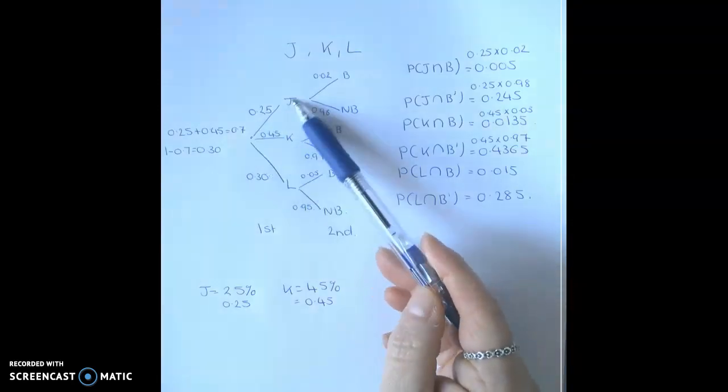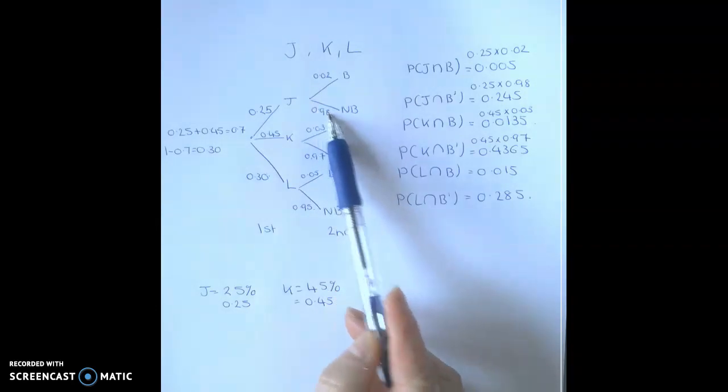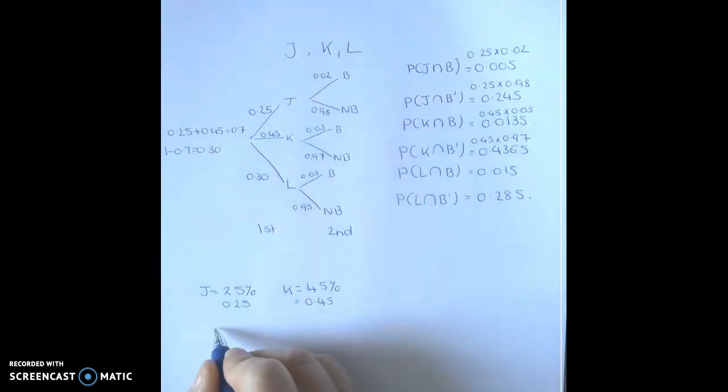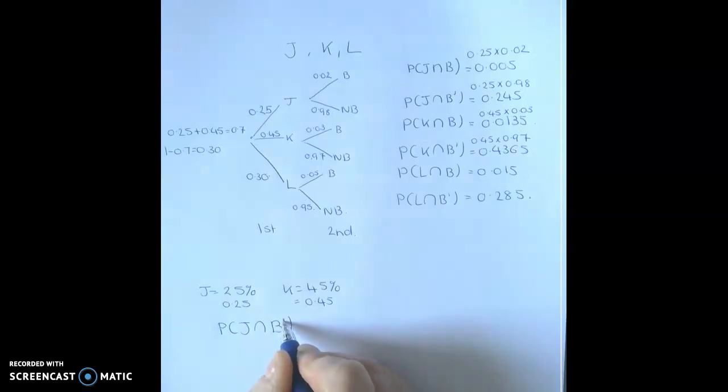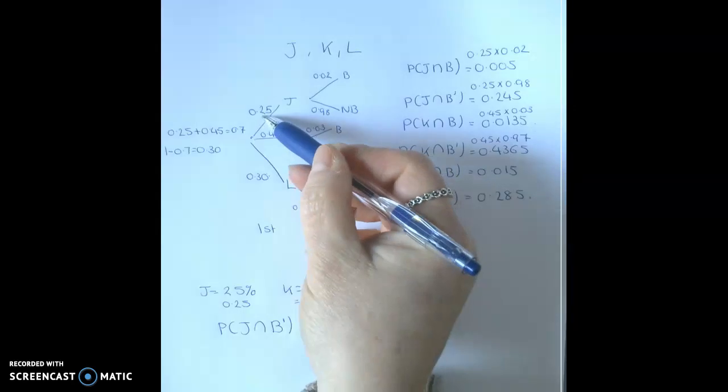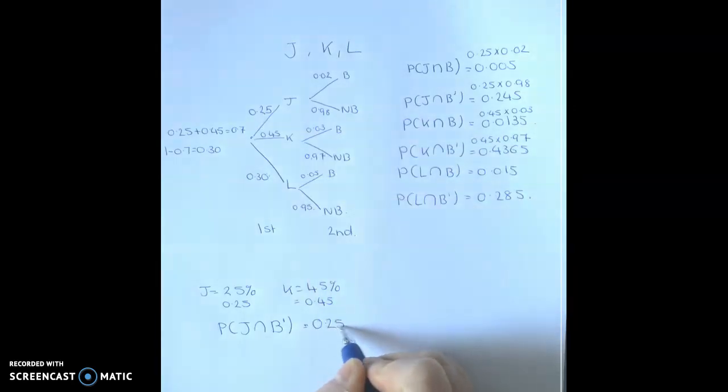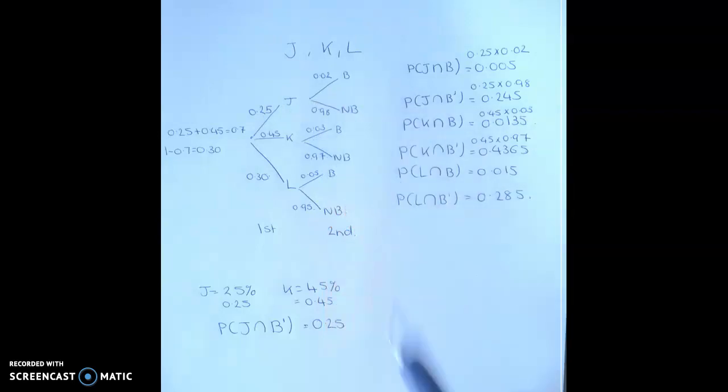So the probability it's from machine J and it's not broken equals 0.25 times 0.98, because we're going along the branches, and that equals 0.245.